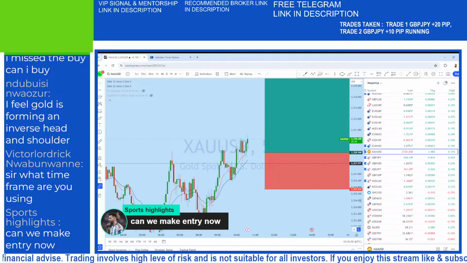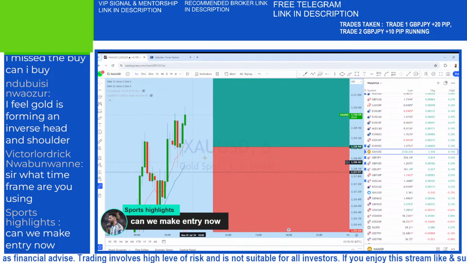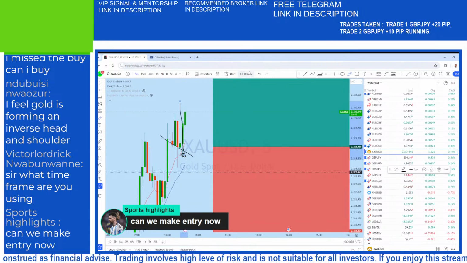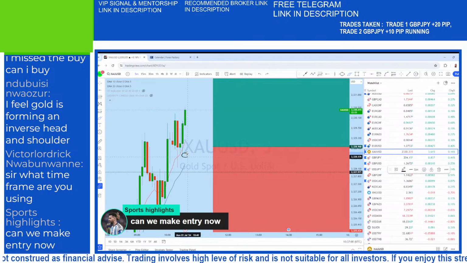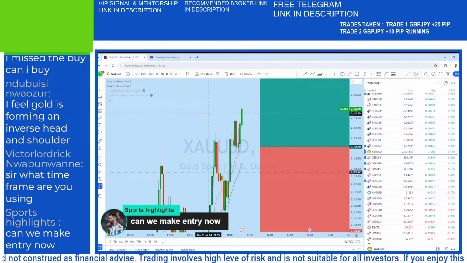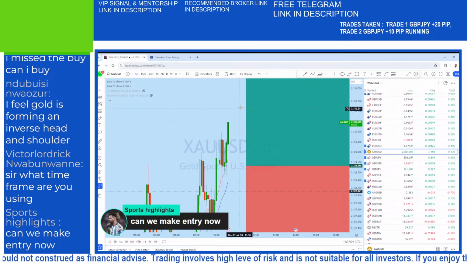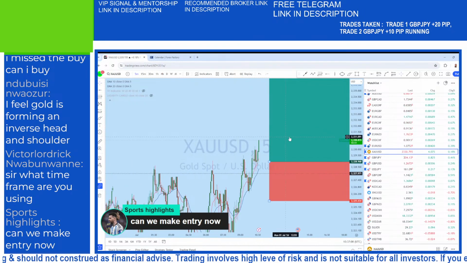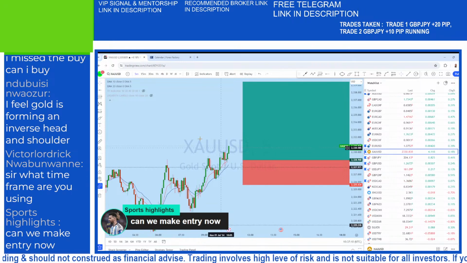So you can see that this is a very strong bullish impulse here. This is a liquidity candle, and we can see the market is heading to the upside and it's trending in that direction at the moment.